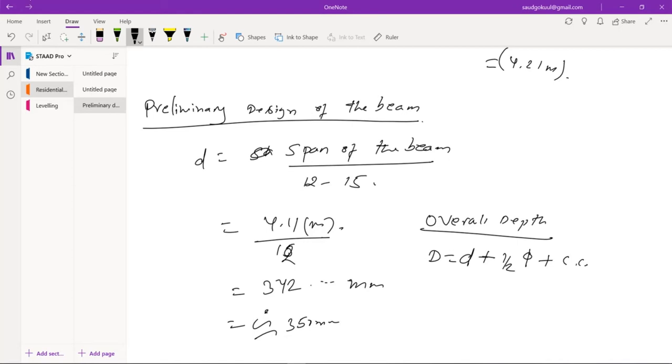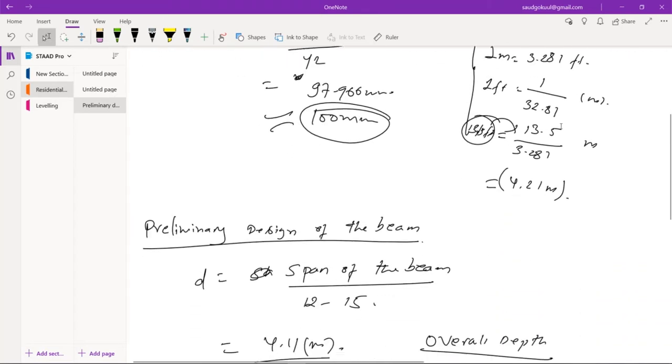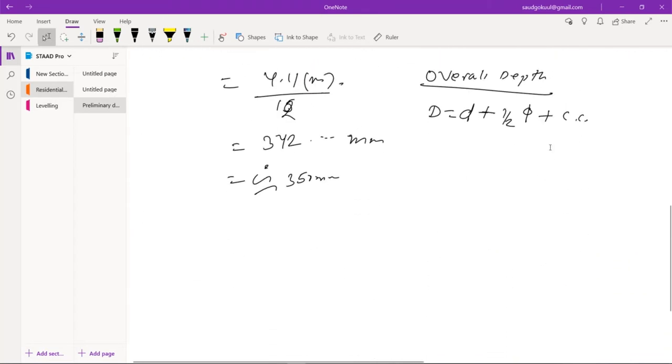If you do that, you will get the overall depth D. Try to make your overall depth nearly equal to 350 mm, because that is generally the size of the beam taken, and it is easier to work out.